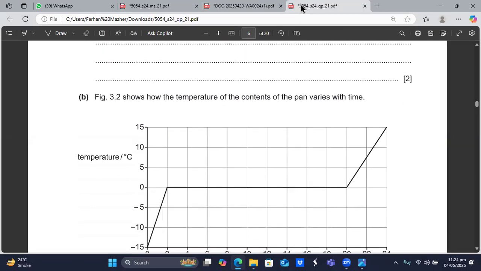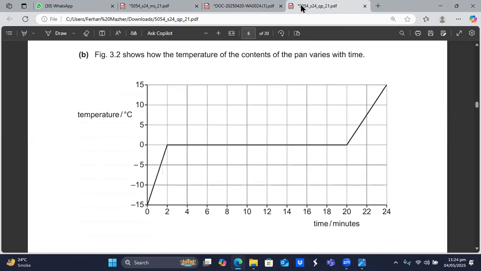The question says Figure 3.2 shows how the temperature of the contents of the pan varies with time. When the time is 0, the temperature is -15 up to 2 minutes. The temperature rises from -15 to 0 degrees centigrade, and then the ice starts melting from 2 to 20 minutes. The temperature remains constant.